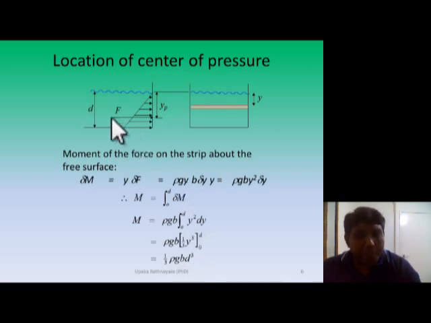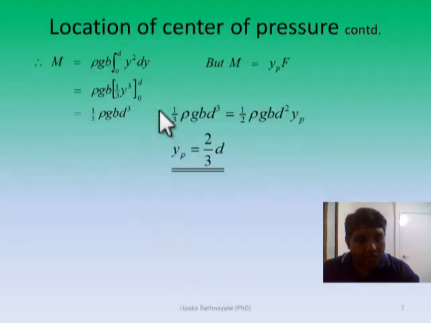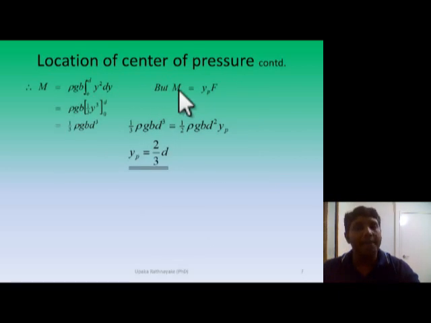Now we know that should be equal to the resultant force into the distance from the free surface to the resultant force, that is F Yp. F Yp should be equal to M. So that gives us 1/3 of rho g b d cube is equal to half rho g b d squared by p, and gives us Yp is equal to 2/3 of d from the free surface.